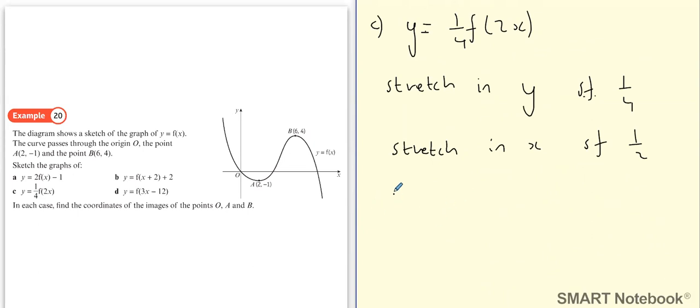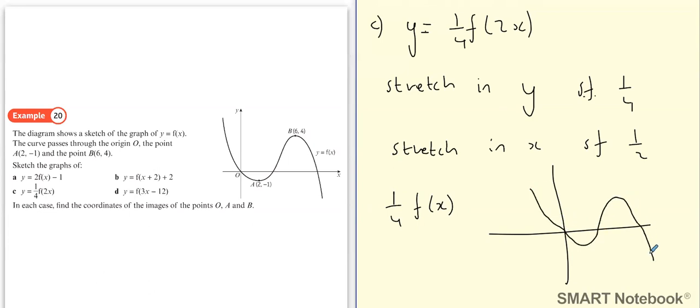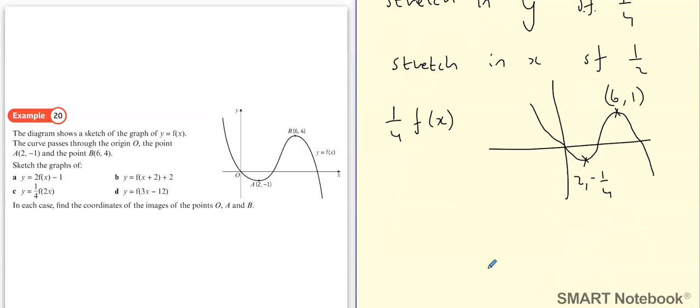I'll do a quarter f of x first. Get in the habit of doing it step by step. So this point here now is (2, -1/4). And this point here is (6, 1). 0 divided by 4 is still 0, so it still has to go through the origin.